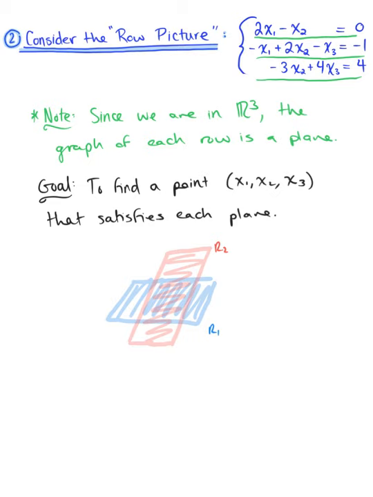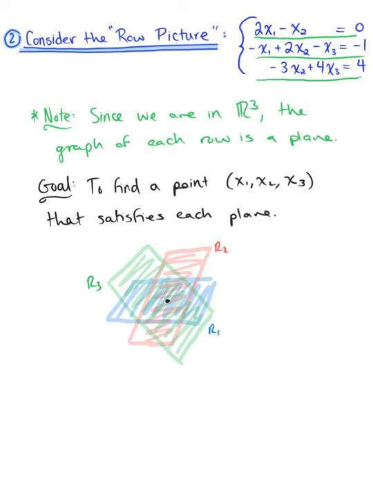And now in addition to this, we have a third plane. Now we'll say over here. Here's our third plane. Now, our job with the row picture is to find the point that satisfies each one of these. Right there. So it's going to be tricky to sketch a row picture above R2.